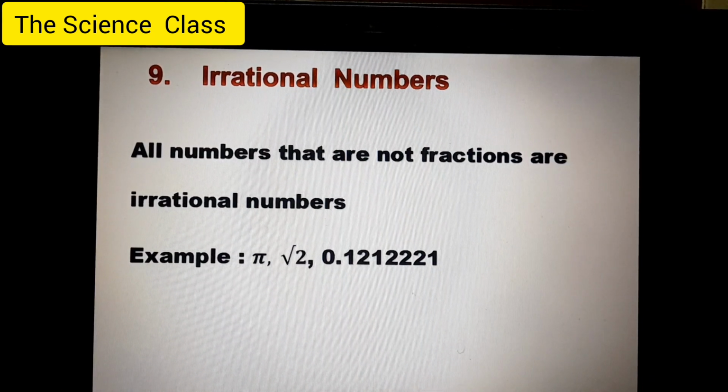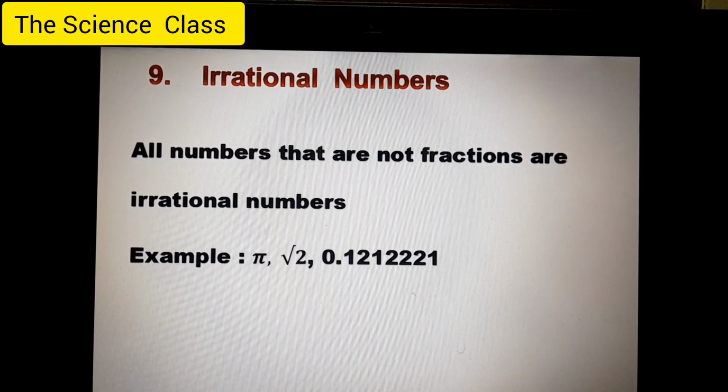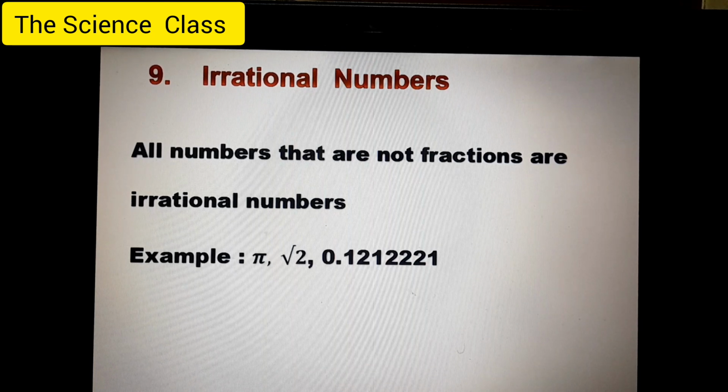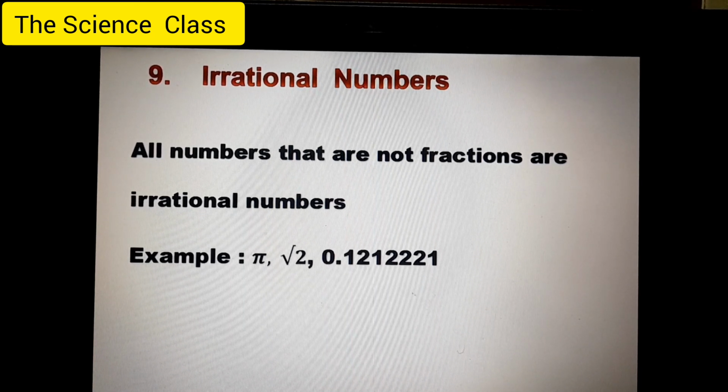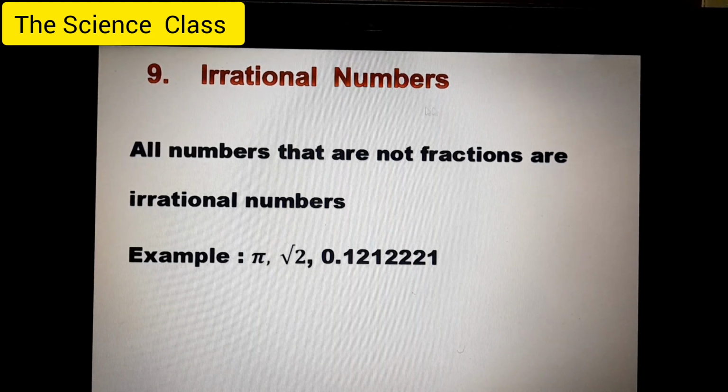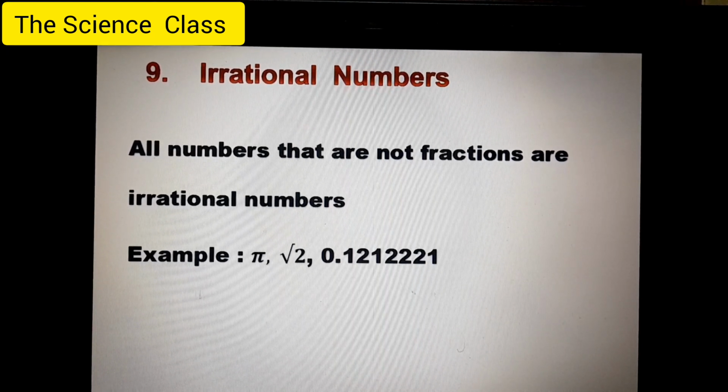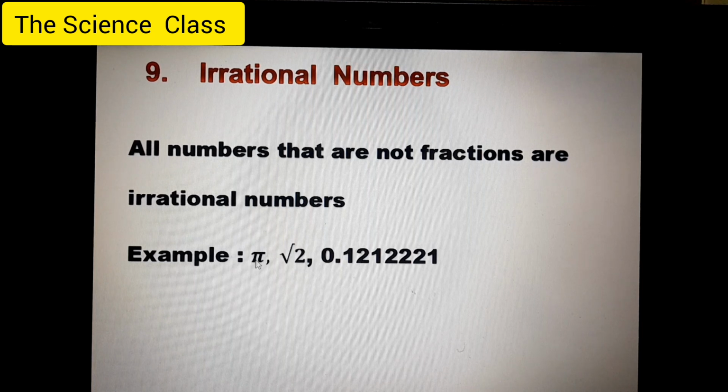Irrational numbers: all numbers that are not fractions are irrational numbers. We said all numbers that are fractions are rational numbers, but all numbers that are not fractions are irrational numbers. An example is pi. Pi is 3.142. This is pi.